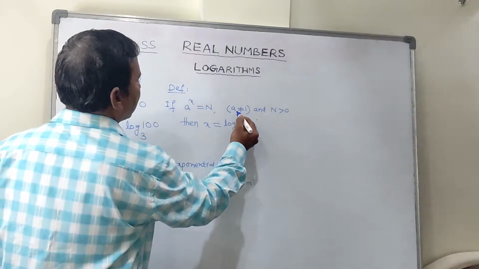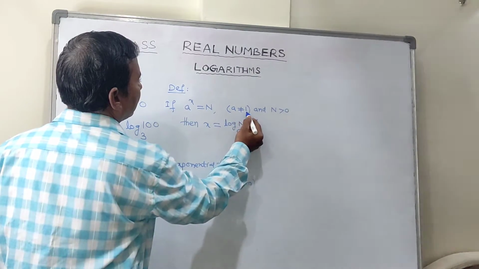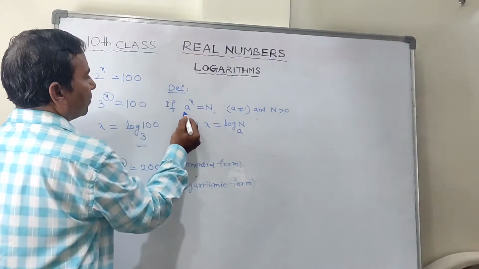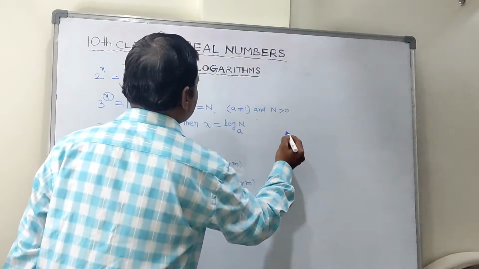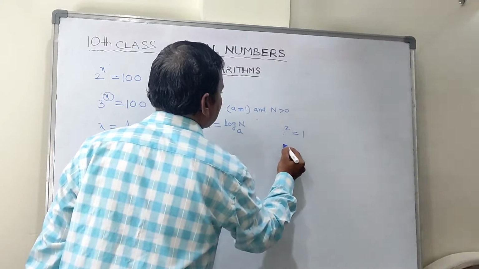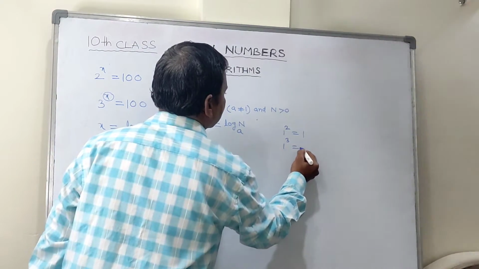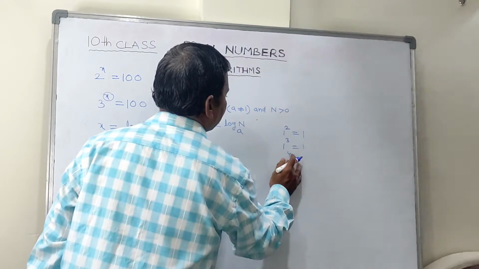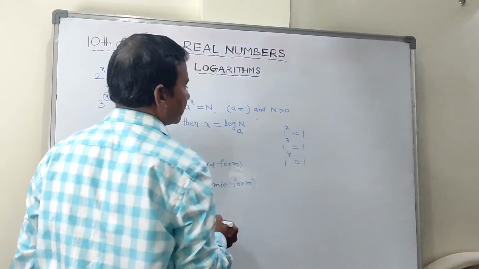Here one important thing: a should not be equal to 1, means we should not take the base 1. What happens if you take it? Let us check here. 1 square is 1, 1 cube is 1, 1 to the power of 4 is 1.